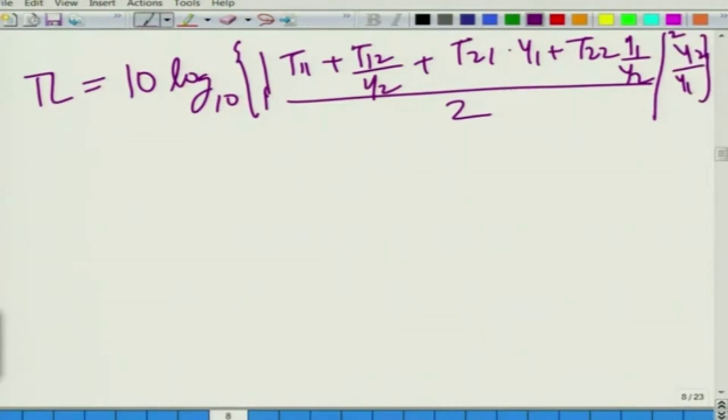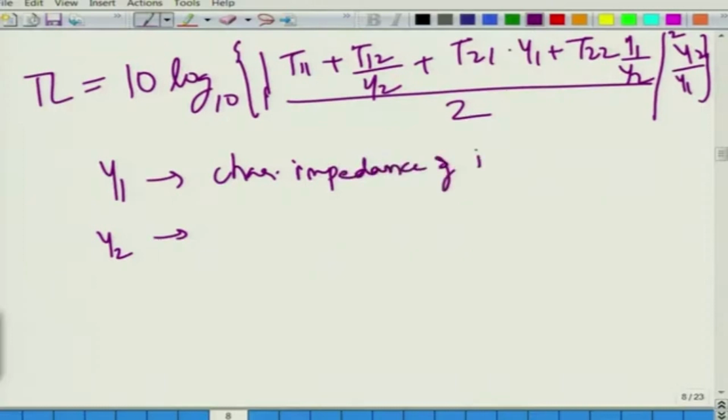Now, y1 and y2 are the characteristic impedance of the inlet port, inlet, of the outlet port. This is outlet.